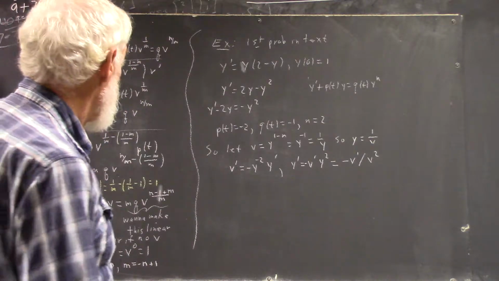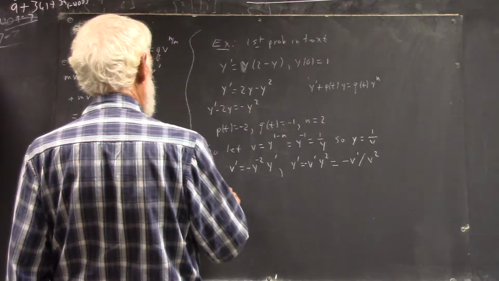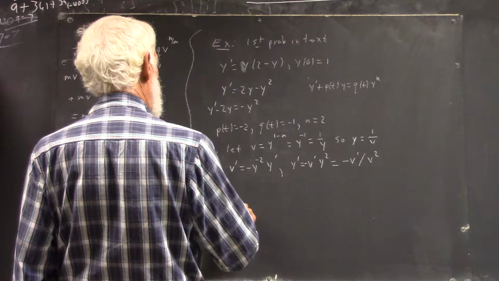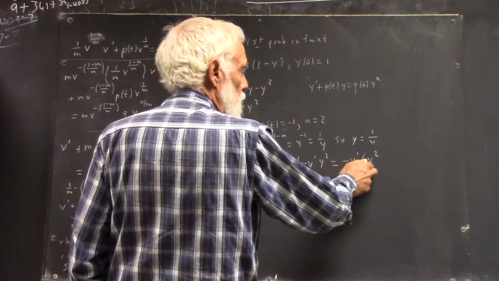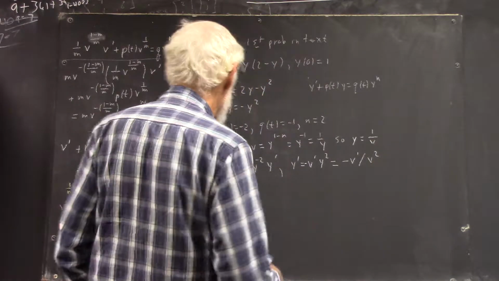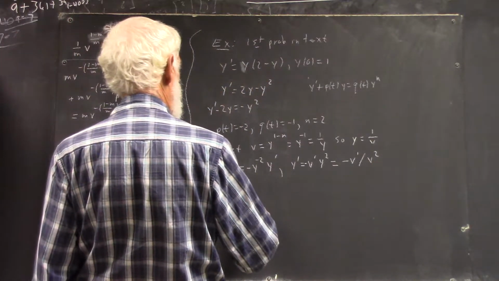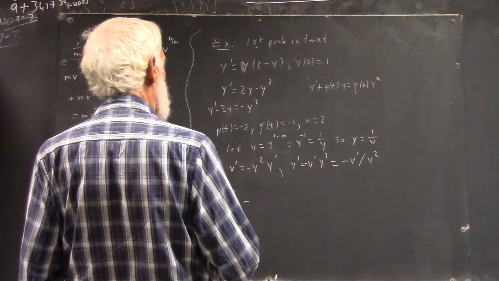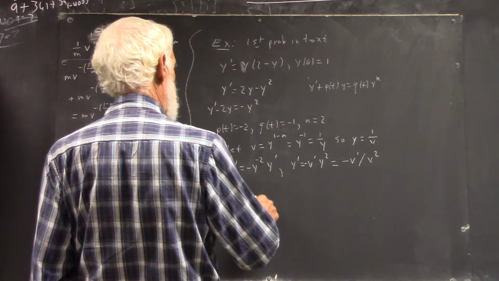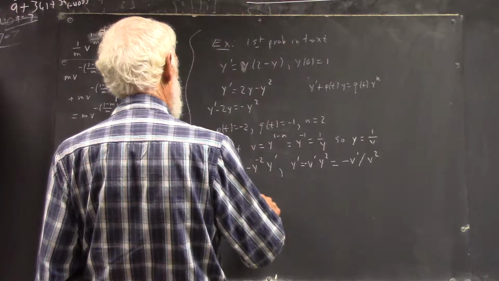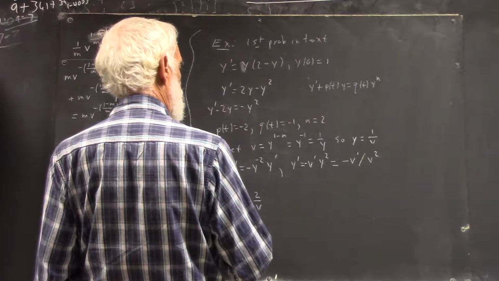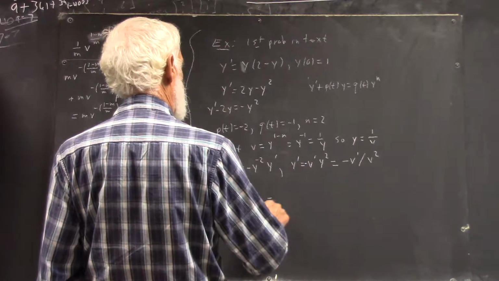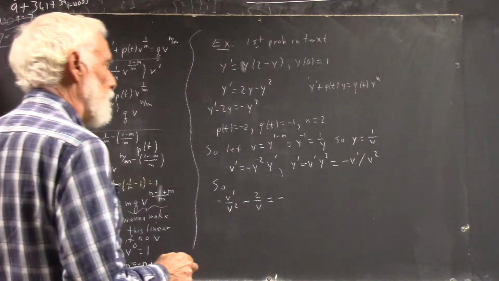Okay? So our equation becomes, and it's a matter of taste whether you write that as reciprocal v squared or v to the -2, the equation becomes this. Okay? Our y prime is -v prime over v squared. And our -2y is negative two over v equals -y squared.